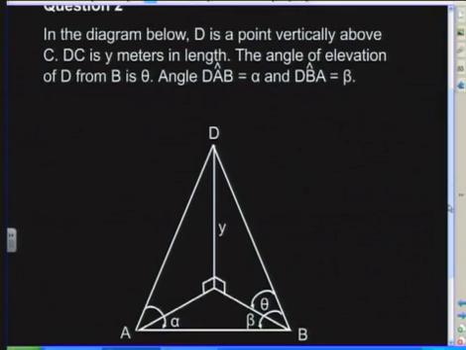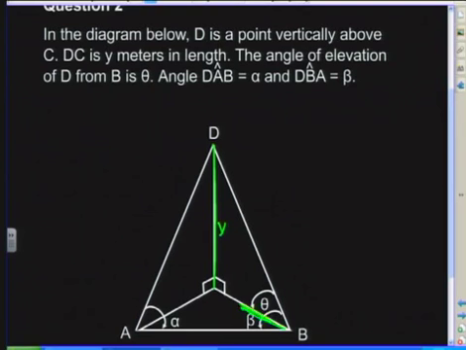All right, so now we've got a diagram and they're telling us that D is a point vertically above C. So I've got a 90-degree height above there. DC is y meters in length. Okay, so here's my y meters. The angle of elevation of D from B. So once again, there's my horizontal viewpoint, and sorry, that line I erased shouldn't be there, it should be there.